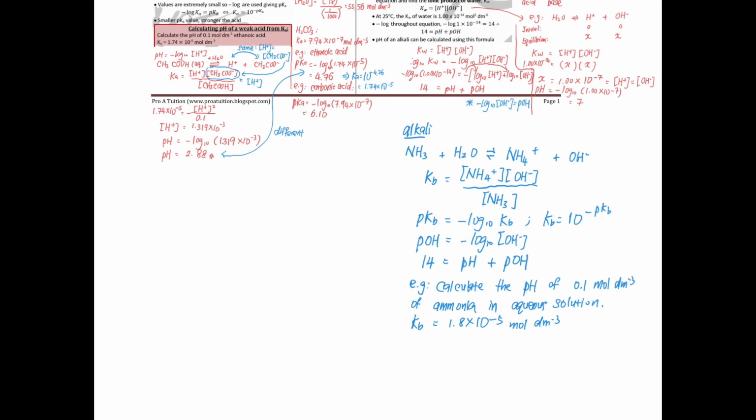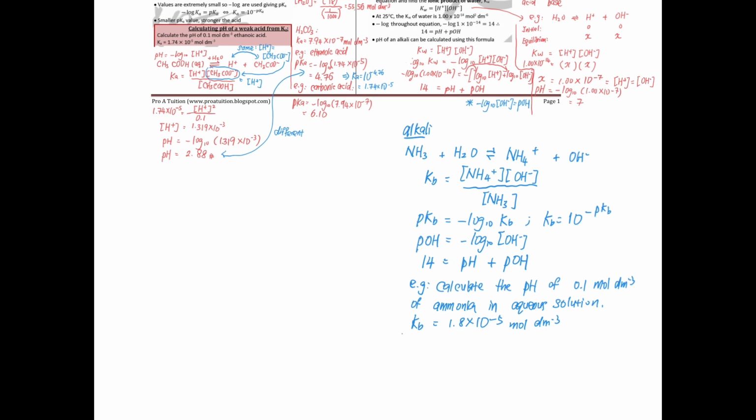First, we find pOH. Compare to just now: for acid, we found pH; now for base, we find pOH.